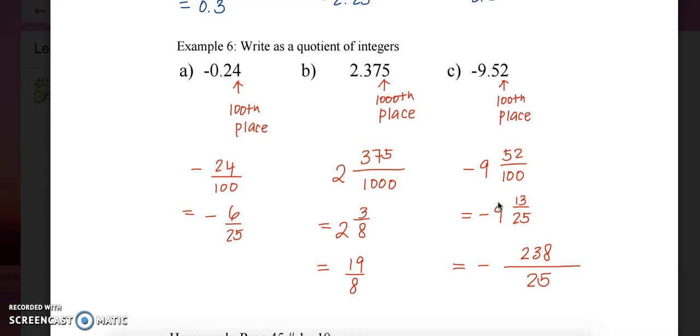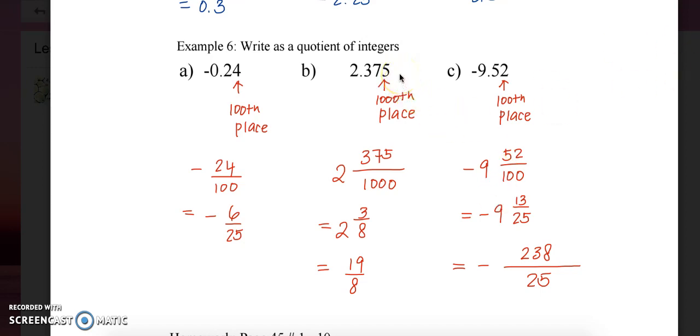So in negative 0.24, your rightmost decimal place is the 100th place. So you can place 24 over 100. And because it's negative, make sure you have a negative sign on the left. And then 24 over 100 can be simplified. Divide both numbers by 4. You will have 6 over 25.